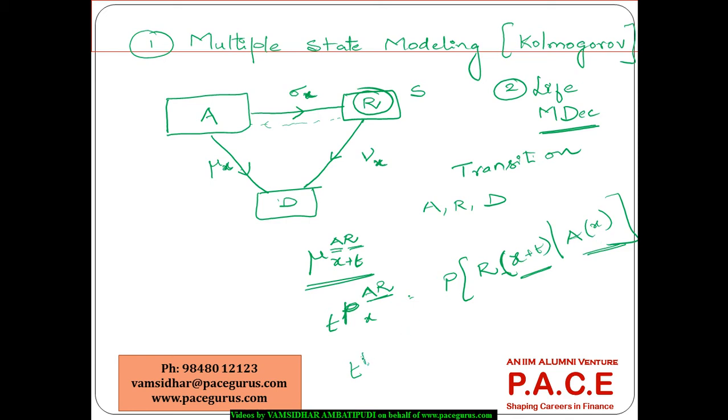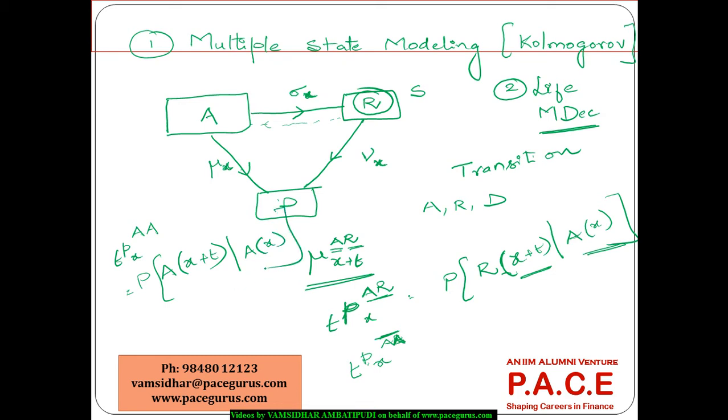But the same thing if I write t p x AA, with a bar over it, or probably AA. When I'm saying t p x AA, it means the probability that the person is active at time x plus t, given that he is active at time x.